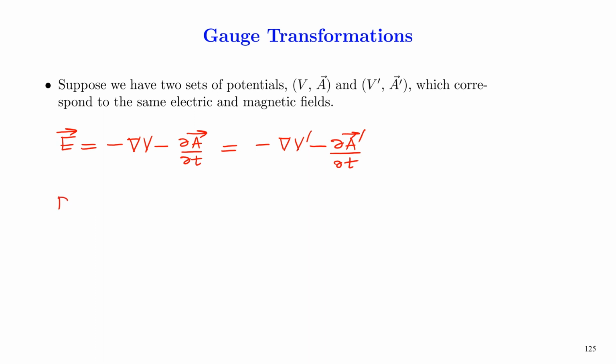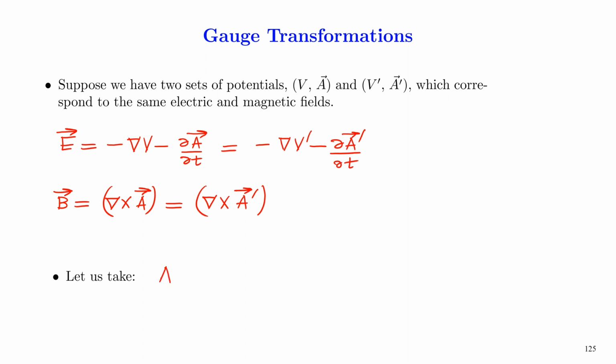As for the magnetic flux density, we have B equal to del cross A, and if we change A to A prime, then again this will be equal to del cross A prime. We have to find a relation connecting the primed and unprimed quantities.